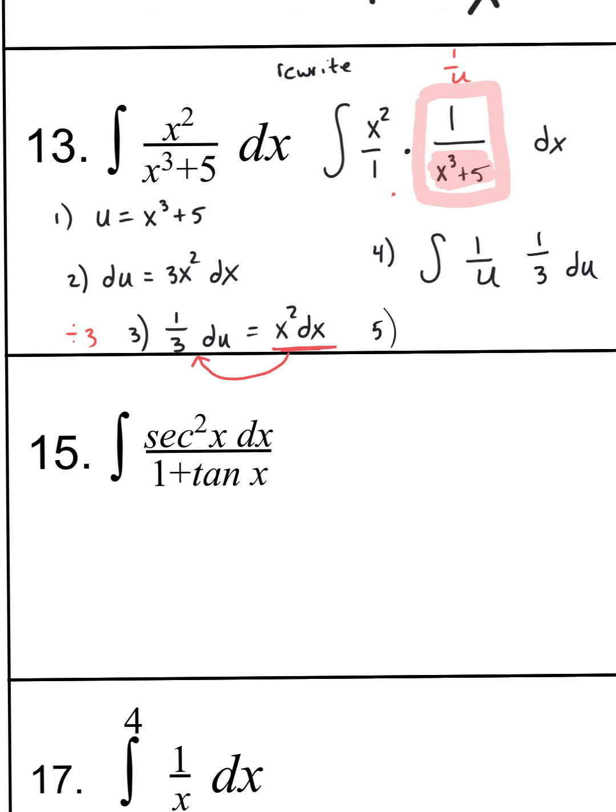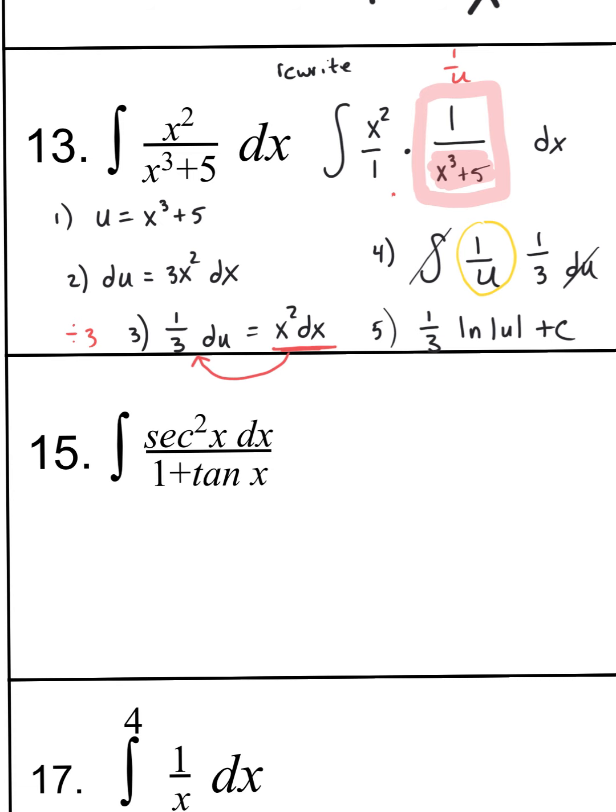The 1/3 is going to come along for the ride. The integral notation is going to drop out. The only thing up there that we have to take the antiderivative of is 1 over u. And the antiderivative of 1 over u is ln absolute value of u plus c. So again, 1/3 comes along for the ride.